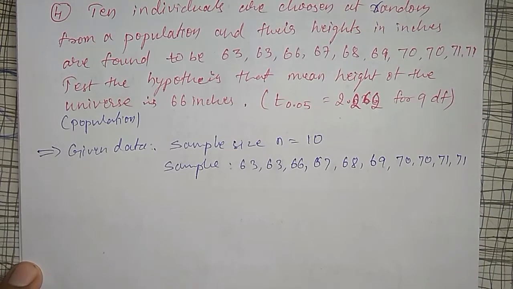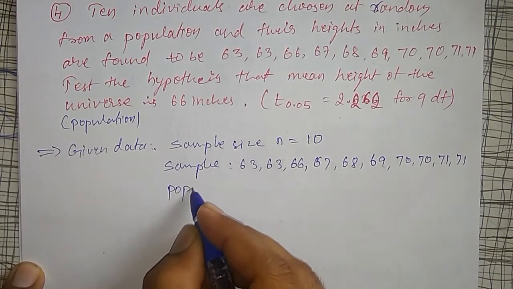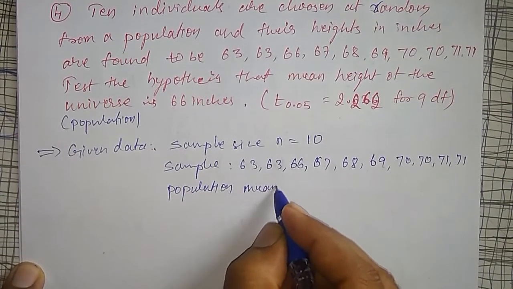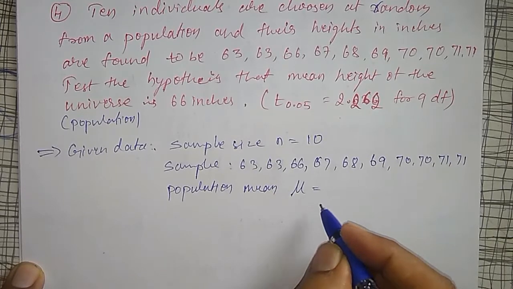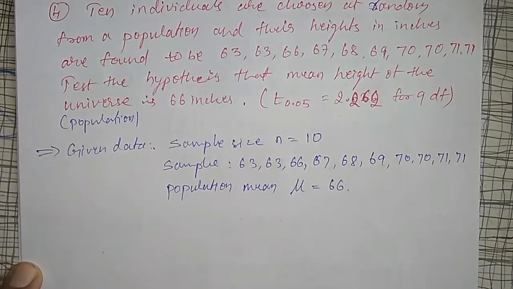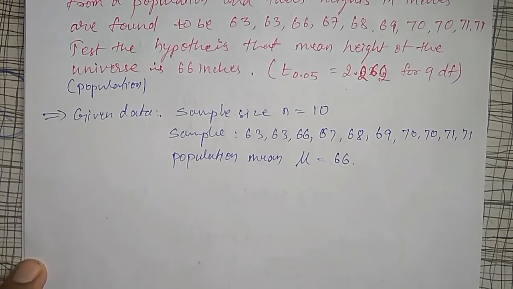Okay. And what else they are given? Population mean mu is equal to 66. Using this, I have to check whether the population mean mu is equal to 66 or not for the sample.